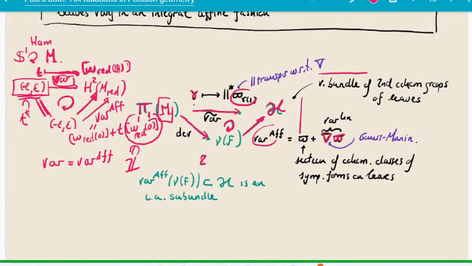So you would then take the fundamental group or the fundamental groupoid, and then you would use the developing map basically to get hold of the integral affine structure in the leaf space. But this part here would be exactly the same one. It would be the affine variation. You would take the section of cohomology classes and you would take the derivatives using the Gauss-Manin connection. So that would be your affine version of this map, and the commutativity would tell you that the variation map is really affine.